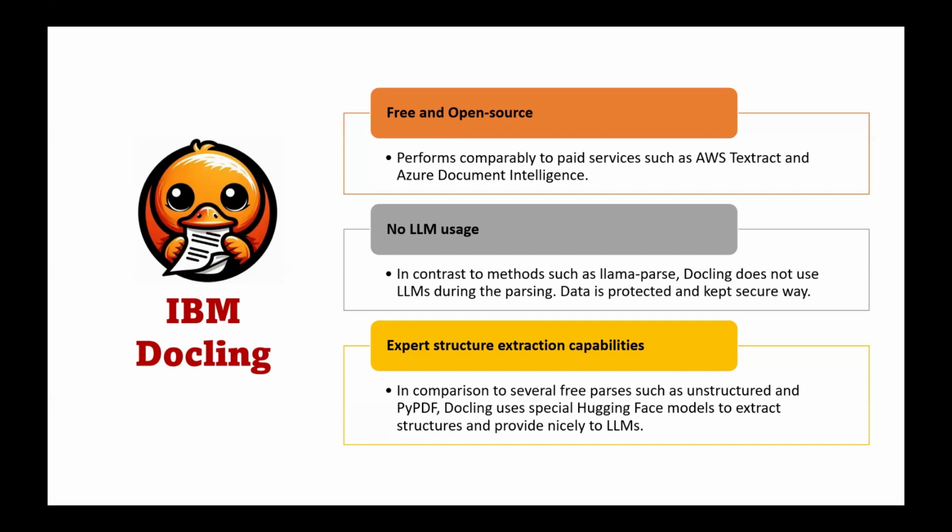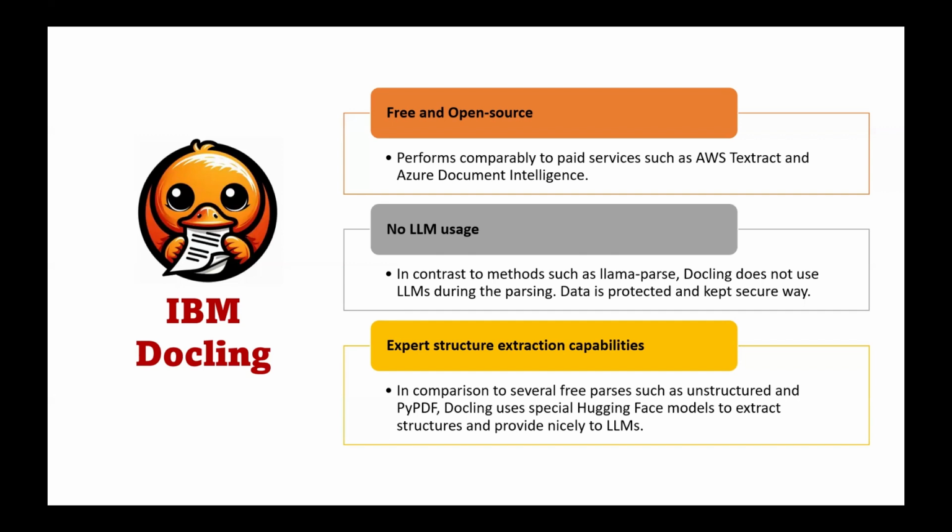The second feature is that it does not use any large language models during the parsing time. When we compare Docling with parsers such as LlamaParse, those tools use language models to augment the document parsing stage. So a few things. First, it consumes our LLM tokens, so it induces some cost during that stage, which makes them not free.